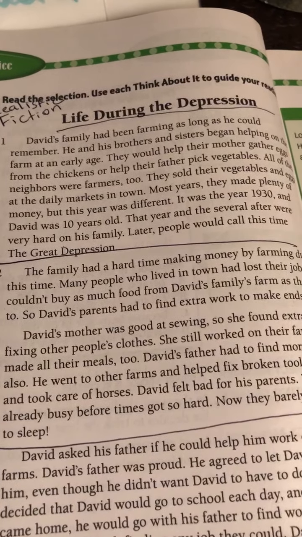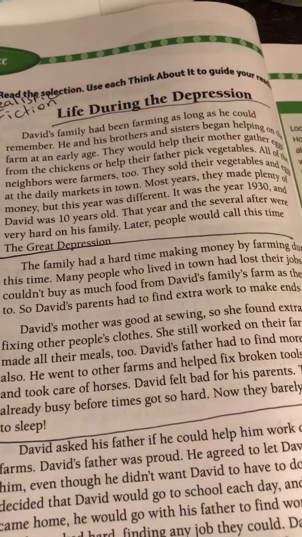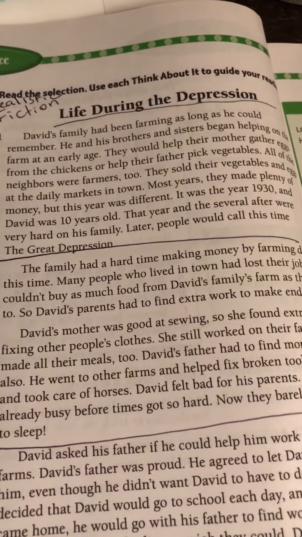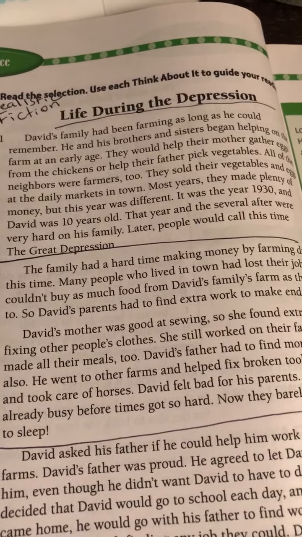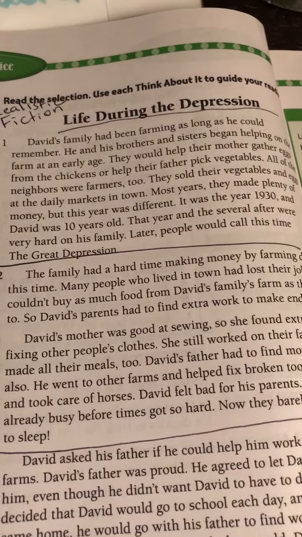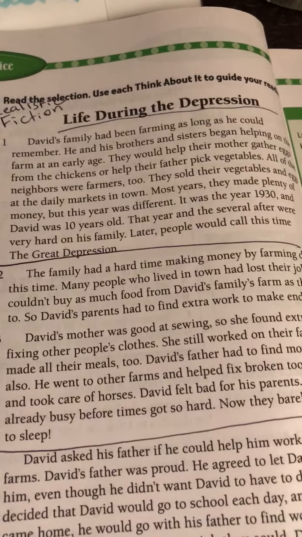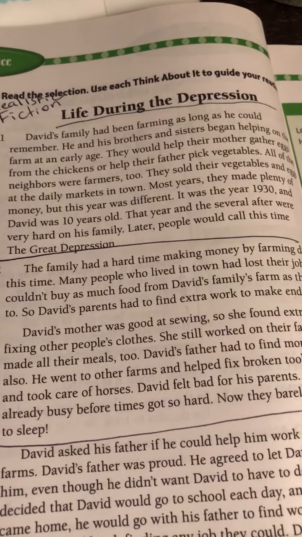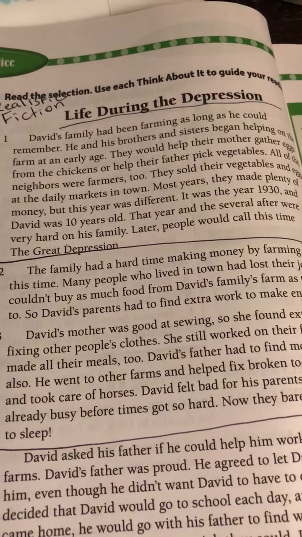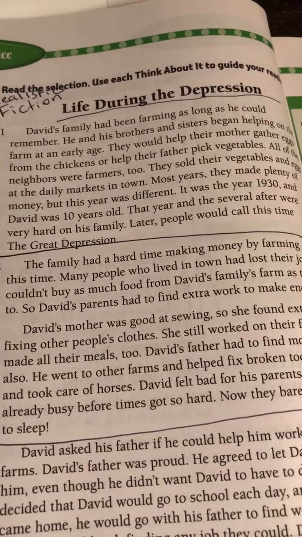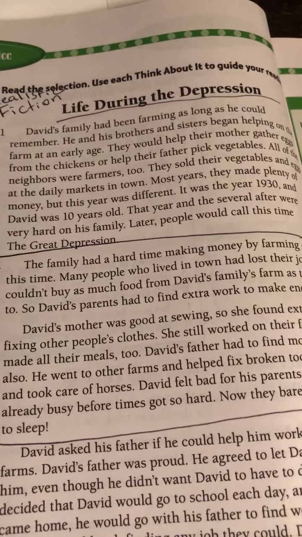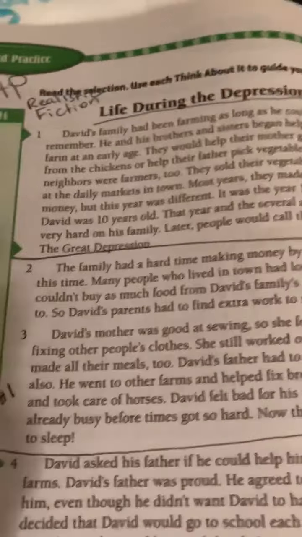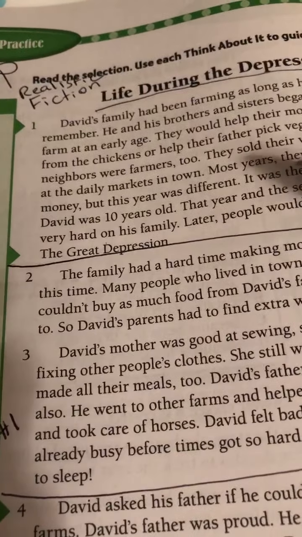Most years they made plenty of money, but this year was different. It was the year 1930, and David was 10 years old. That year and several after were very hard on his family. Later, people would call this time the Great Depression. All right, so who is the paragraph talking about?